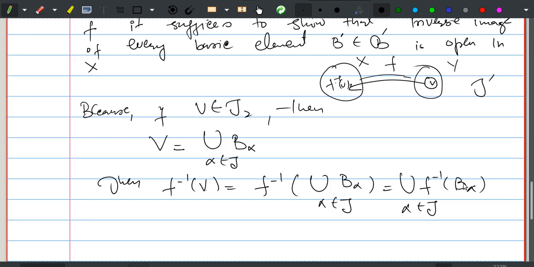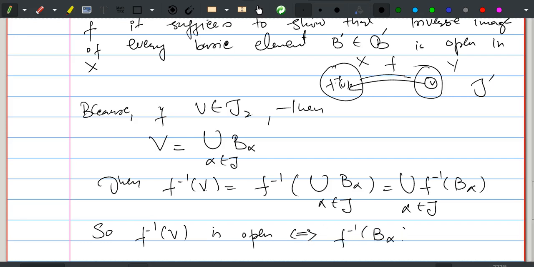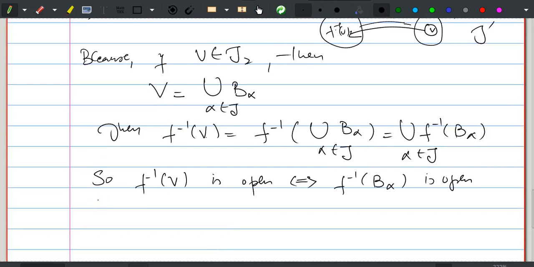So f inverse V is open if and only if f inverse B alpha is open for each alpha.